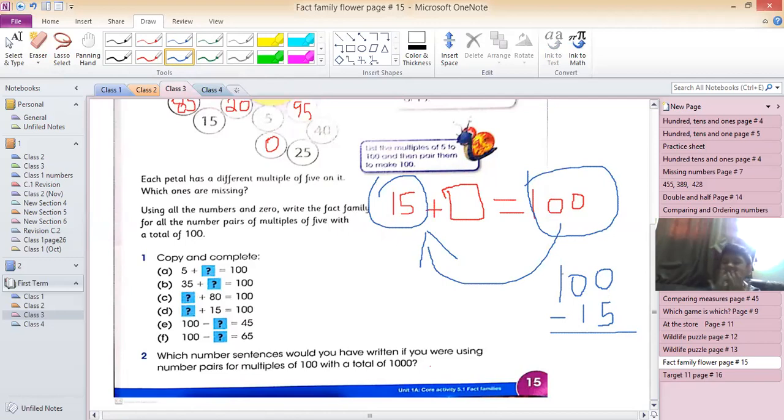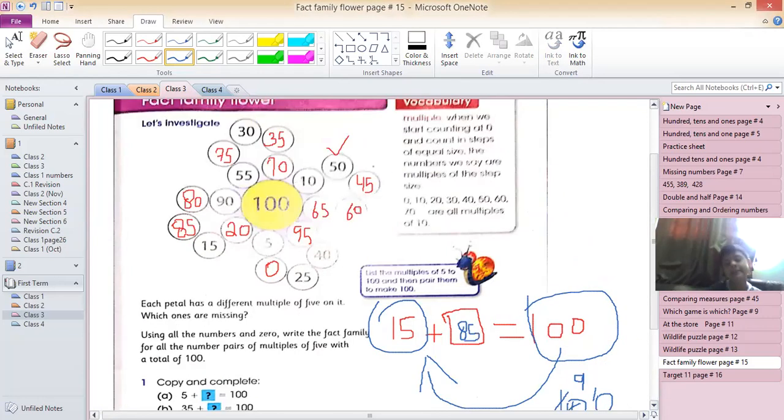This 0 cannot give, so it will ask this 0, it will become 10, and 10 will give 1 to this 0 and become 9. 10 minus 5, 5, and 9 minus 1, 8. So 15 plus 85 is equal to 100.